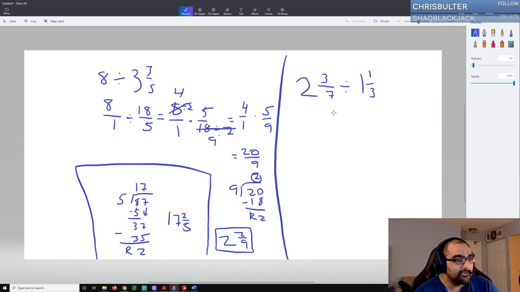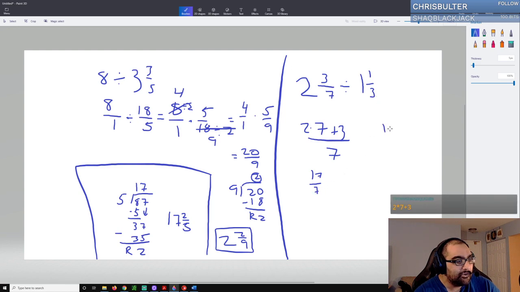So okay, all right. 2 and 3/7 can be converted into an improper fraction here. That's 2 times 7 plus 3 over 7, so that's going to be 17 over 7. And then 1 and 1/3 is going to be 1 times 3 plus 1 over 3.